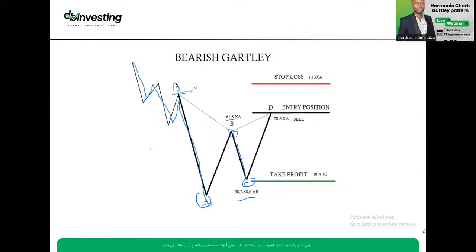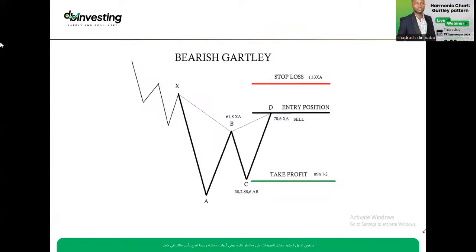So we'll drop it at X, drag to point A, and check the retracement from this point down to point D. If point D is exactly at 78.6 of XA, then at that position we can come in for a sell entry, with our take profit at point C level and stop loss at 113 of XA. So that is that for the bearish Gartley. I don't want to waste much time on it because we have already discussed it in detail during the bullish. So just vice versa, same thing.